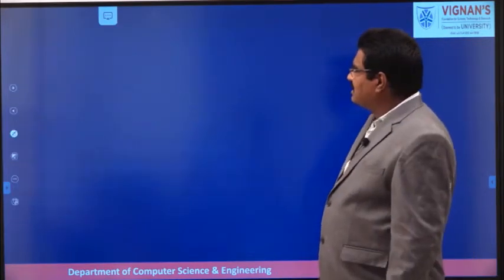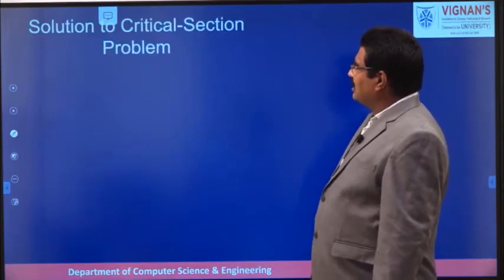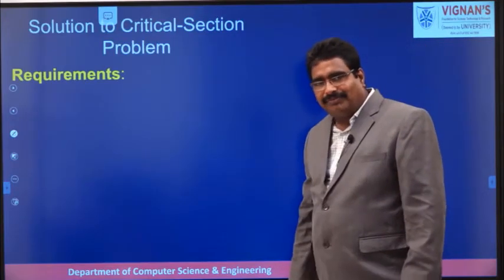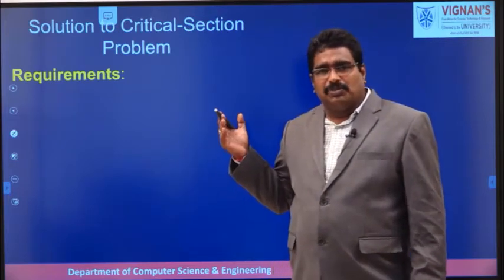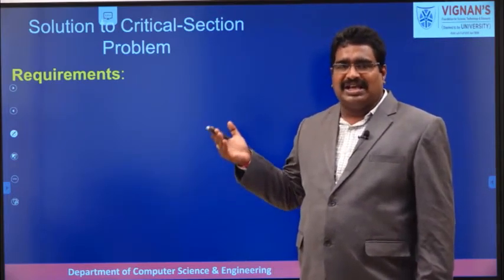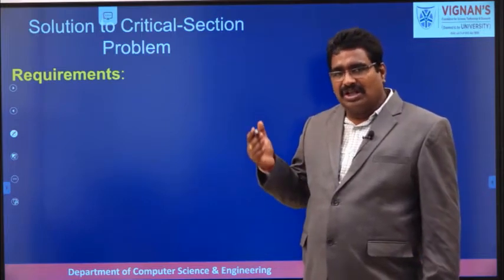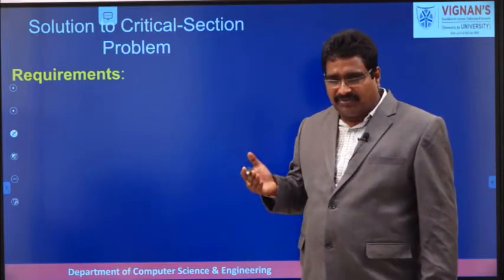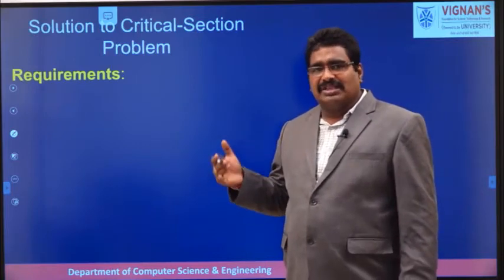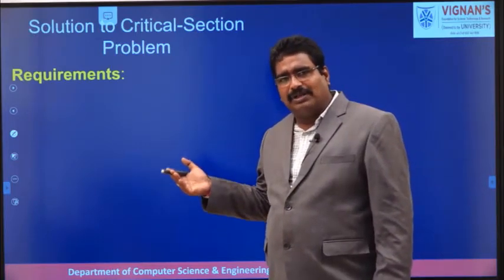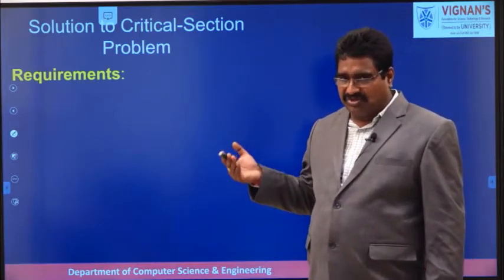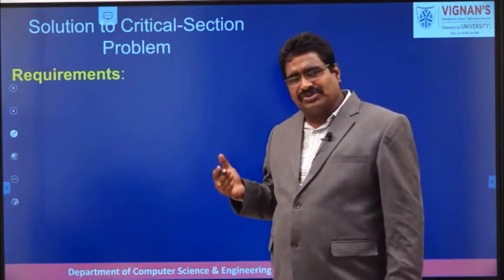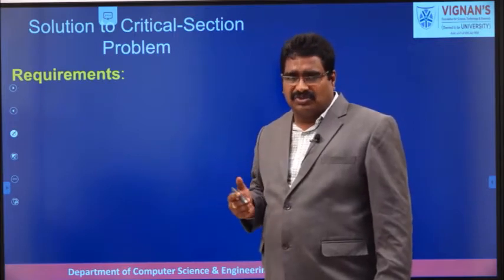Now we discuss the solutions to the critical section problem. Already in the previous slides we discussed that it is possible to provide software as well as hardware solutions. For example, in the software solutions, there are n number of solutions available. In the next classes, we discuss Peterson's solution as one software solution, semaphores as another solution, and monitors as another software solution.